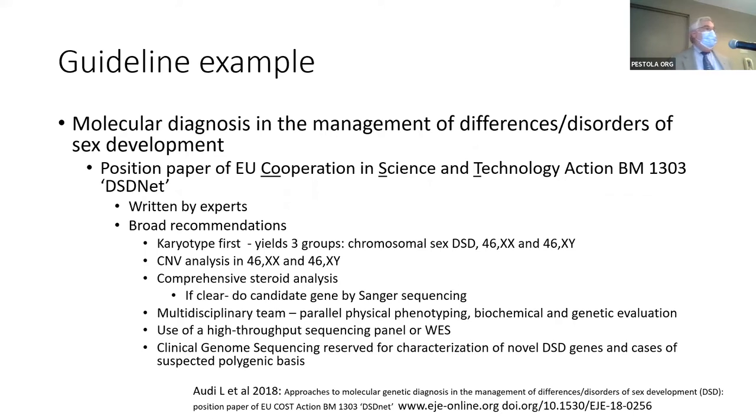High throughput means next generation sequencing, it means a panel, it means exomic sequencing. Okay? And they reserve genomic sequencing if they're thinking about novel genes and things that are polygenic, things that they haven't been able to solve getting through the rest of this pipeline.